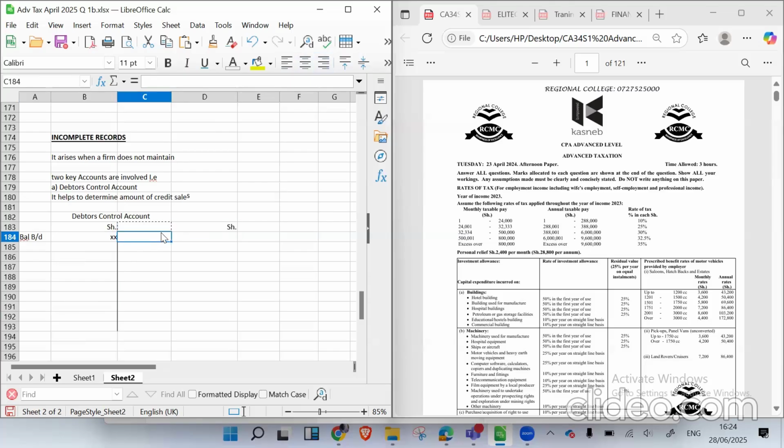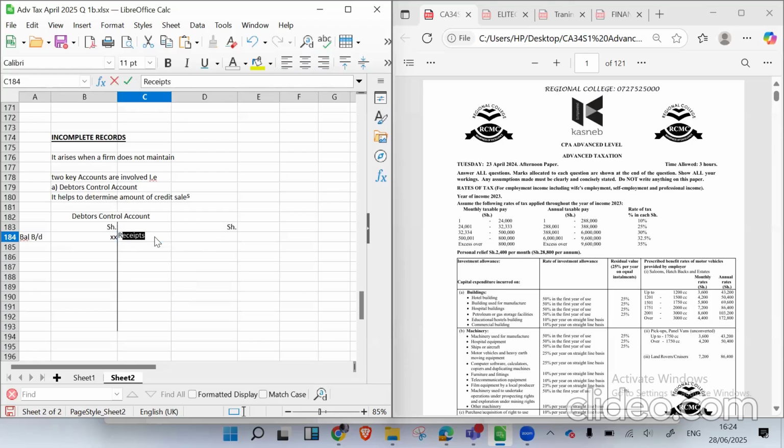These are the sides. So the transactions that affected us during the year. We're expecting some receipts from our customers. When we receive them, we debit the bank, we credit this amount.